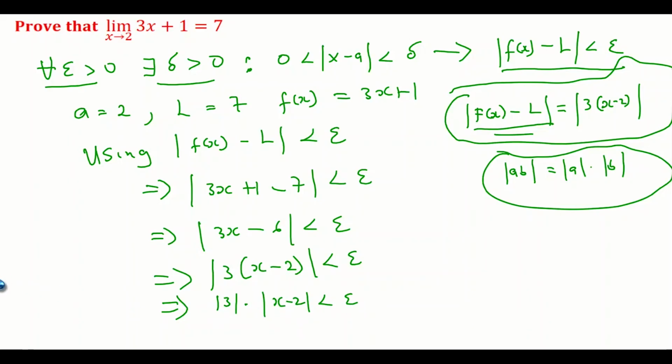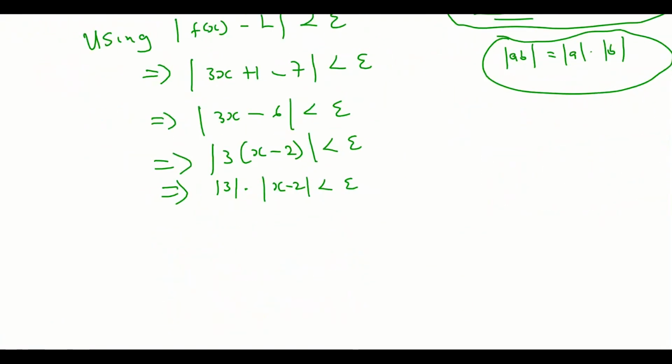And of course, we know that the absolute value of 3 is 3. So this will be 3 times the absolute value of x minus 2 is less than epsilon. So I can divide both sides by 3. That implies the absolute value of x minus 2 is less than epsilon over 3.